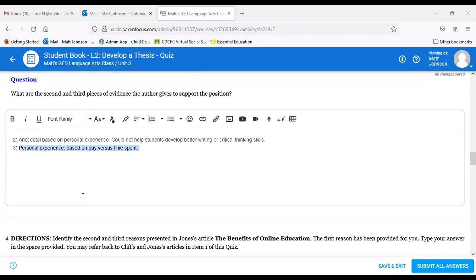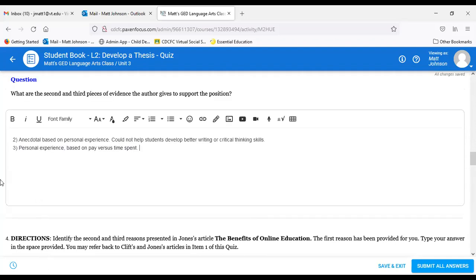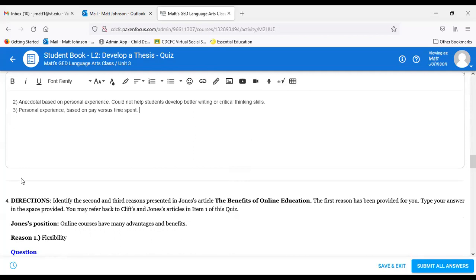If you're thinking about making an outline, you would have the main thesis as your number 1 point, and then A would be the first claim, and then your next Roman numeral, or however you set up your outline, would be the evidence. So there are some more visual guidelines here for that too. So for that, anecdote based on personal experience, and then a personal experience based on pay versus time spent. So both were anecdotal.